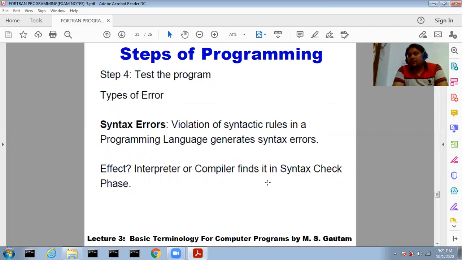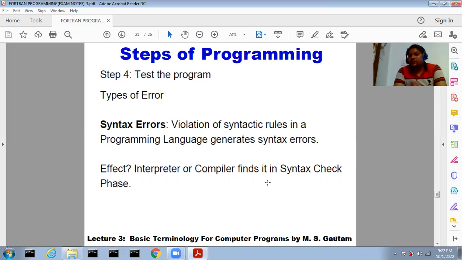The first type of error is syntax error. Syntax error means in any programming language, there are some set of rules, some set of instructions, and we have to follow all these instructions, all these rules while translating our problem into programming. If you are missing some syntax, if you are missing some rules, then there is an error, and that error is a syntax error.